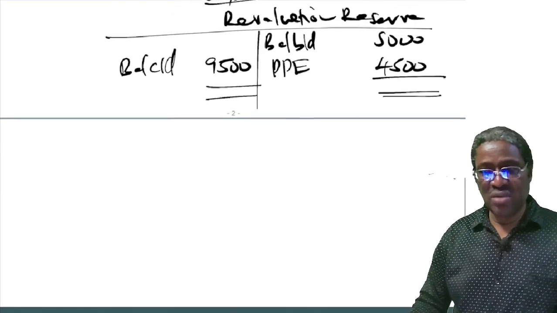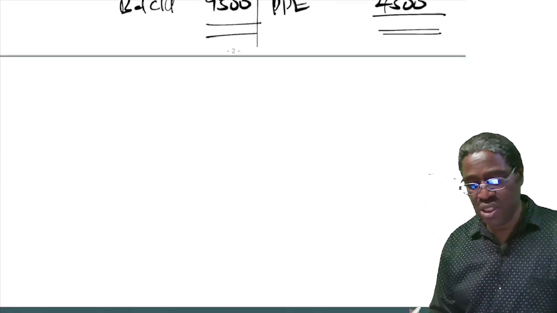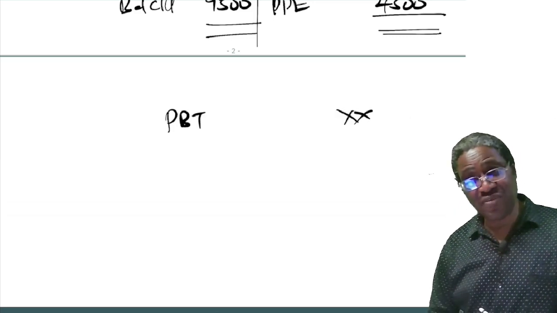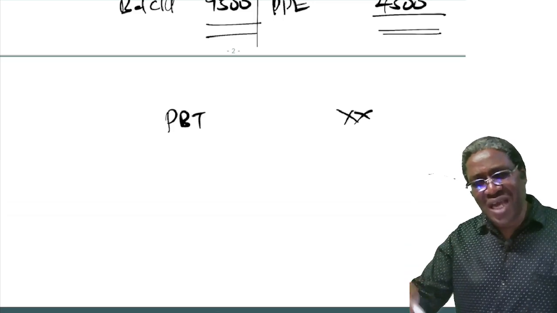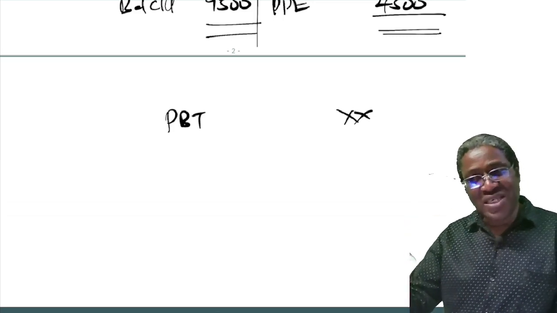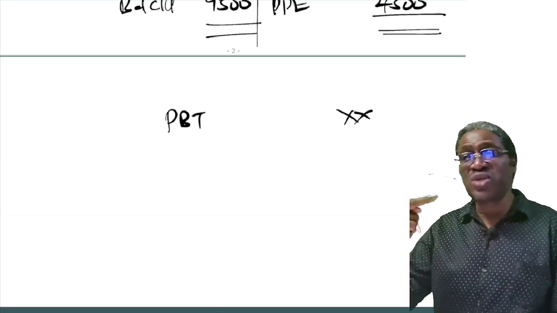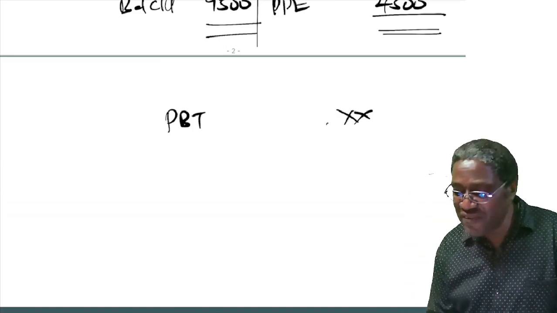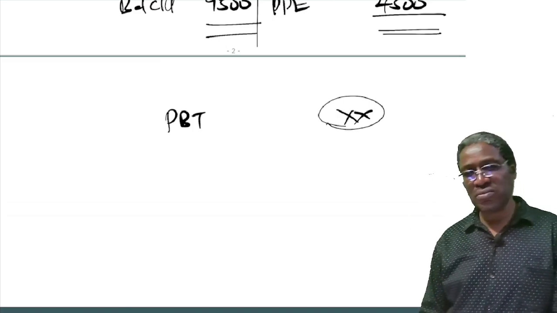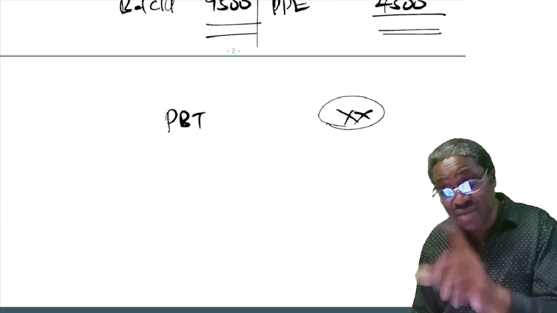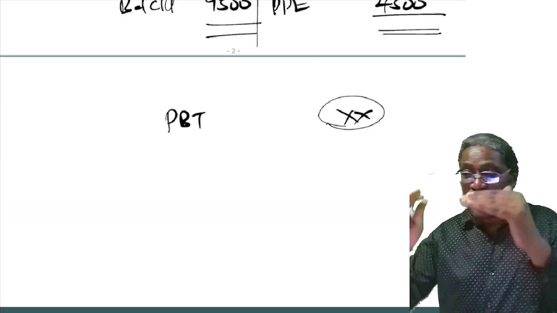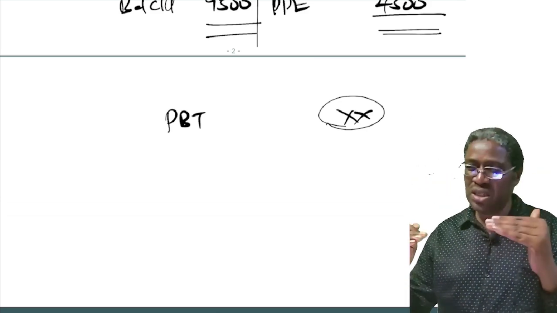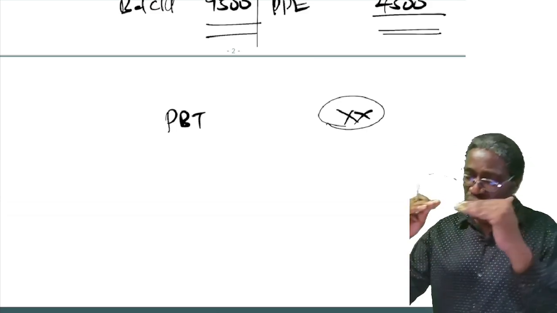Why? Because when we come to cash flow, we normally start with something called profit before tax, whatever it is. Then we adjust it with those items that went to the P&L, which are non-cash items. Those things that affected the profits, which are non-cash items. When we shall be preparing the cash flow under the section called operating activity, we normally start with the profit before tax.